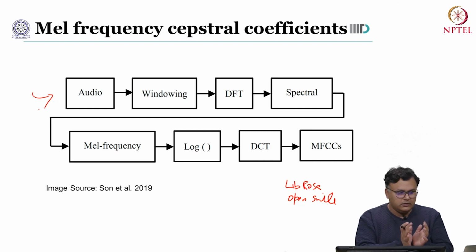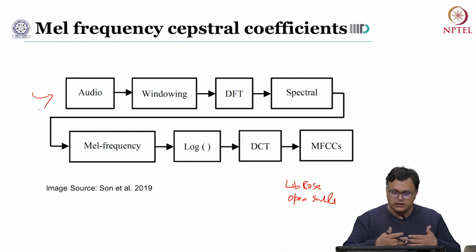We would then apply the discrete Fourier transform, where we move the incoming audio signal into the Fourier domain. Then we are going to apply the Mel filter banks to the power spectra which we get from the spectral analysis of the DFT outputs, and then we sum the energy in each filter.